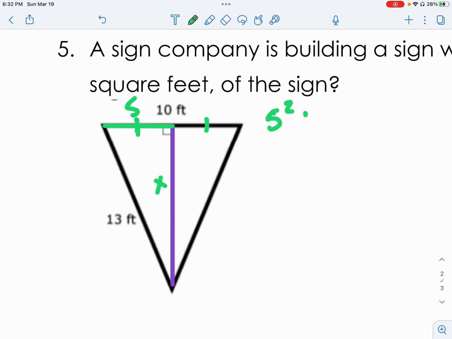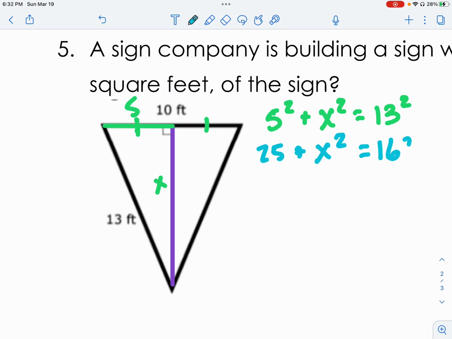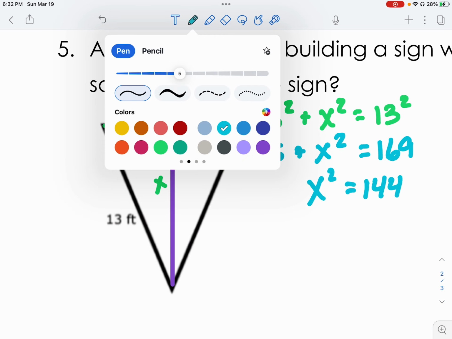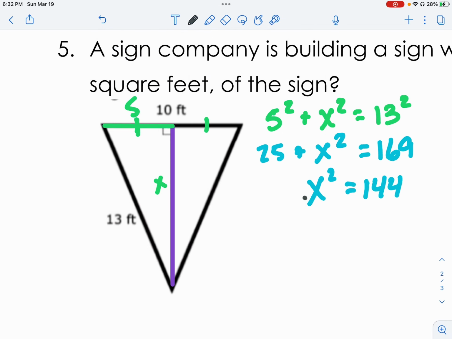So 5 squared plus x squared equals 13 squared. 25 plus x squared equals 169. Subtract 25 from both sides, you get 144. And then let's square root to say that x equals 12. So we now know that this x value here is 12.